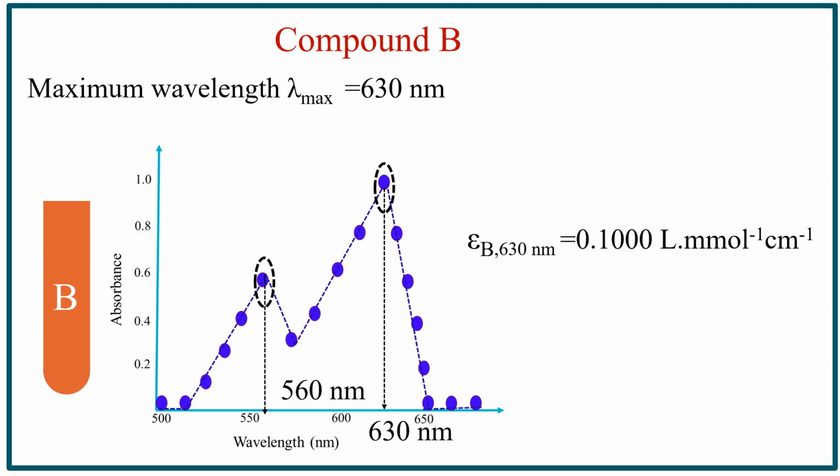Here it has no absorption after 650 nanometer, but it has absorption at 560 nanometer. So epsilon B at 560 nanometer will not be 0 here, and it is calculated and given as 0.06 liter millimole raised to minus 1 centimeter raised to minus 1.